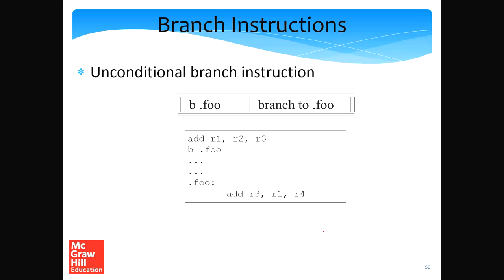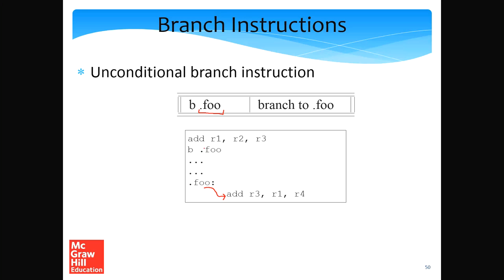As I had mentioned in some of the early slides, an assembly statement can be associated with a label, and this label can be used to uniquely indicate an assembly statement.